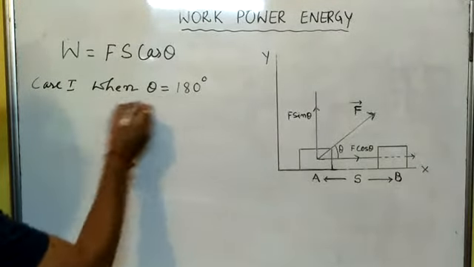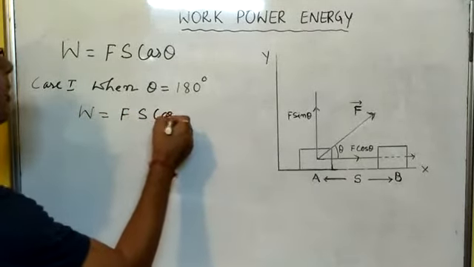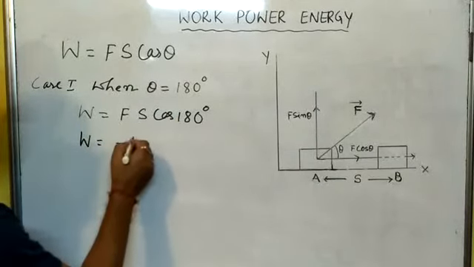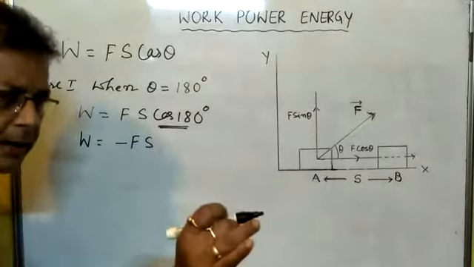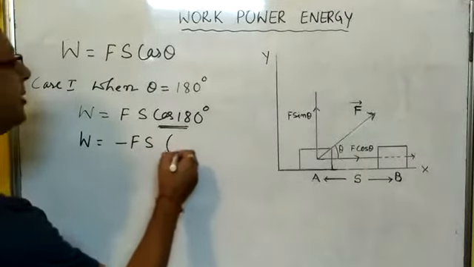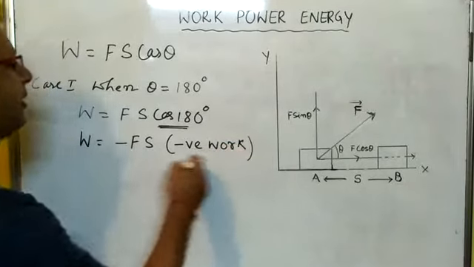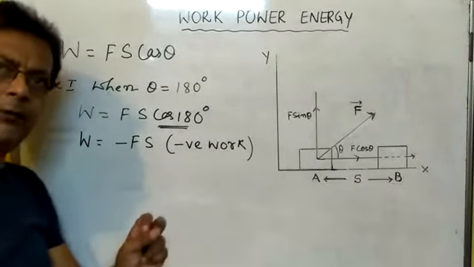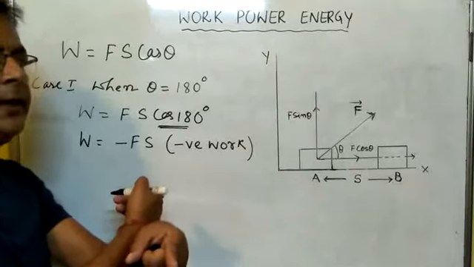So, when theta is equal to 180 degree, W equals F S cos 180 degree, or W is equal to minus F S. Remember, cos 180 degree is minus 1. This is called negative work. Now, what is negative work? A negative work is a work when force and displacement are in the opposite direction.